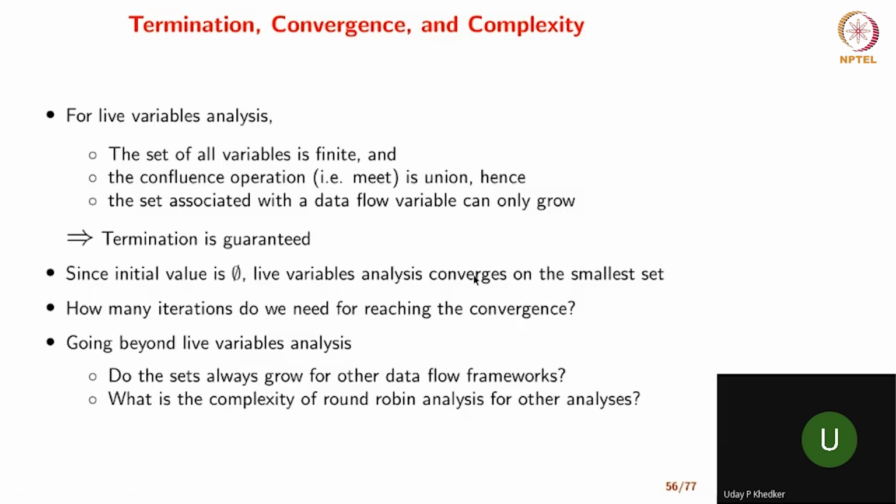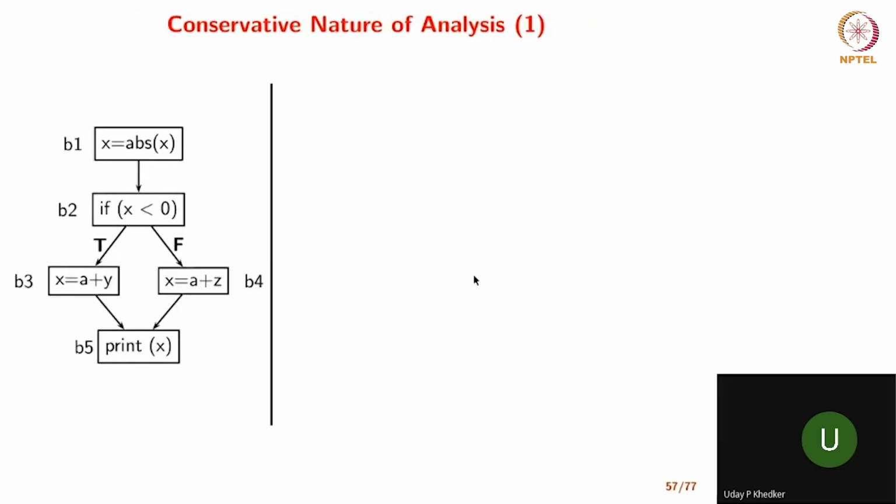But the question is, when we go beyond live variables analysis, do the sets always grow for other data flow frameworks? And what is the complexity of round robin analyses for other analyses? These are some interesting questions. Unfortunately, we will not be able to answer the second question here, but we indeed will answer the first question when we look at available expressions analysis.